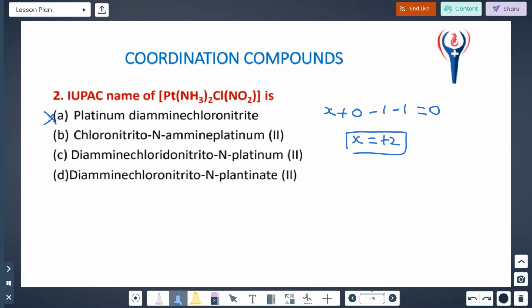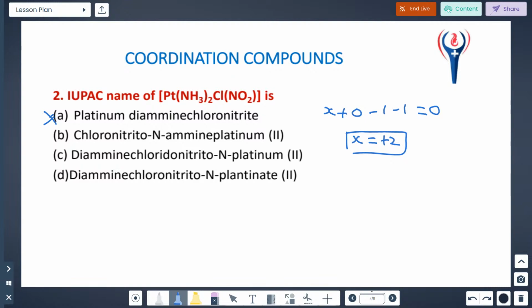Understood? Next one, the name. How to give the name: here we have 3 different kinds of ligands. One is amine, one is chlorido, one is nitrato-N. If you have different kinds of ligands, say the ligands in alphabetical order. That's very important. In alphabetical order, A comes first, so amine we should say first.